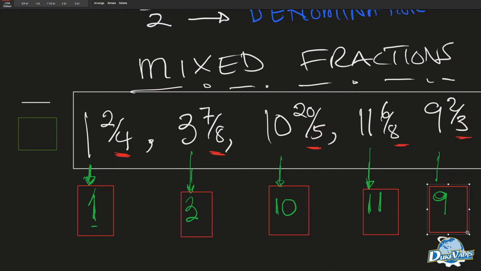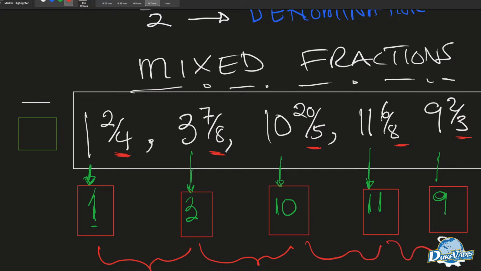You see these numbers come before the fraction, and because of that, we call these numbers whole numbers. So the whole numbers, this and that, and that, are all whole numbers.